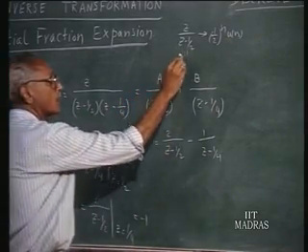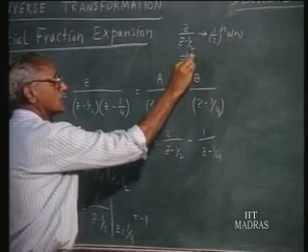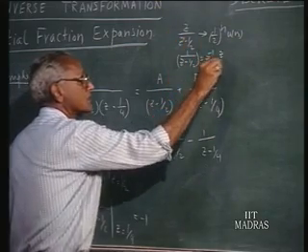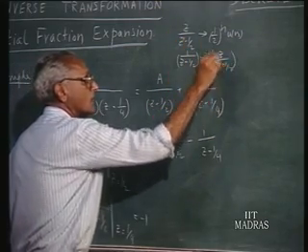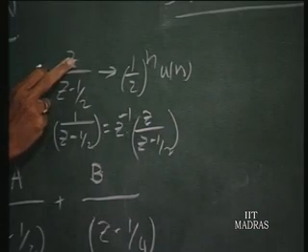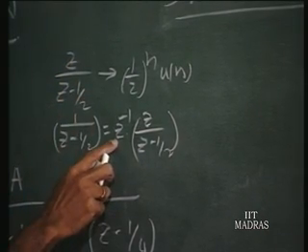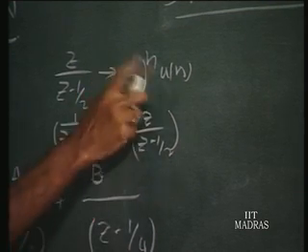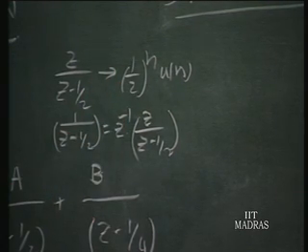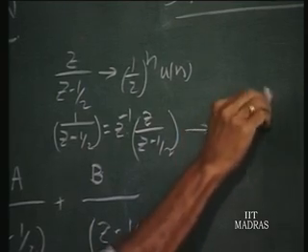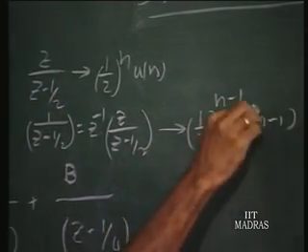So 1 upon z minus half is the same as z minus 1 multiplying this z upon z minus half. After all, if you multiply this by z minus 1, you get this. Multiplication by z minus 1 in the transform domain is equivalent to delaying this time function by 1 unit. Therefore, this corresponds to half to the n minus 1 u of n minus 1.